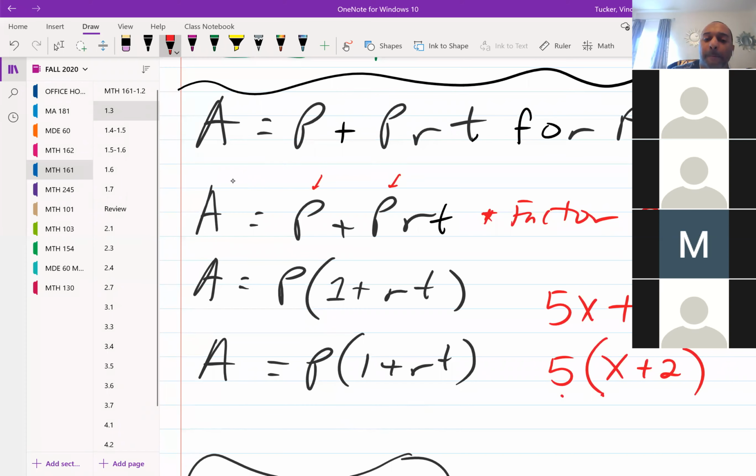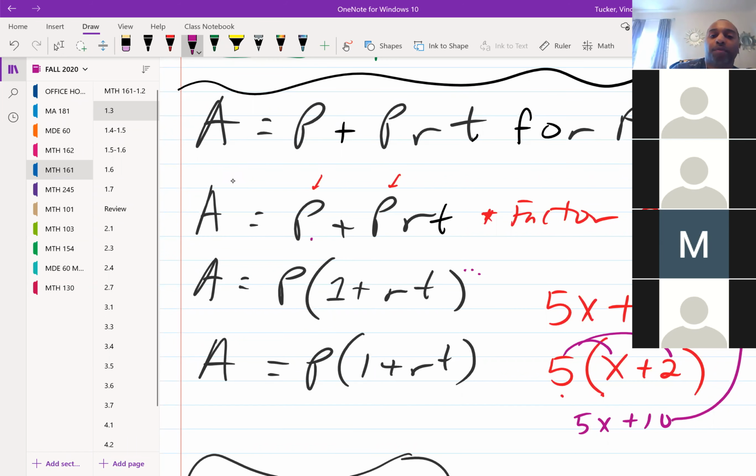Oh. Yep. And if I want to distribute this back, that's 5x plus 10. So it's the same thing I had. That represents the same expression you had originally. It's just that I factored out 5. The same thing happens here. Factoring is the reversal process of multiplication, or the reversal process of distribution.